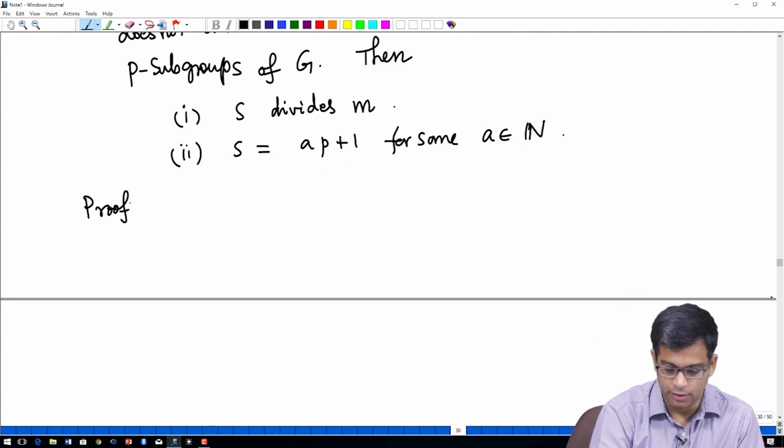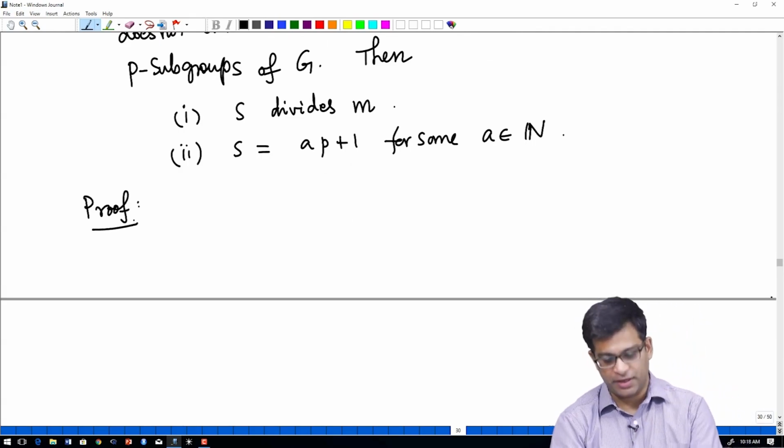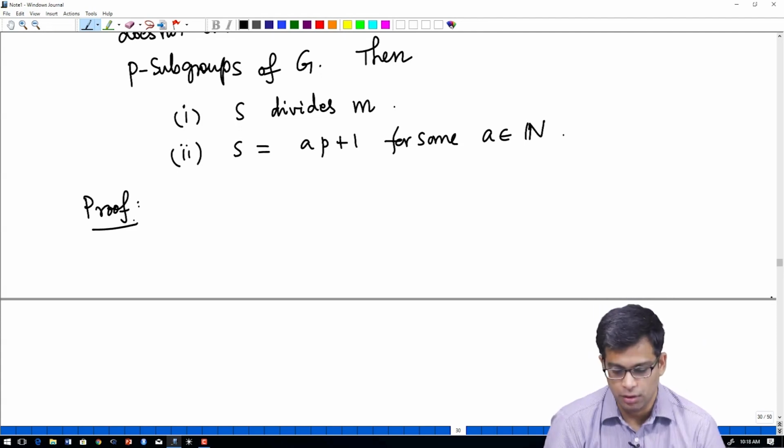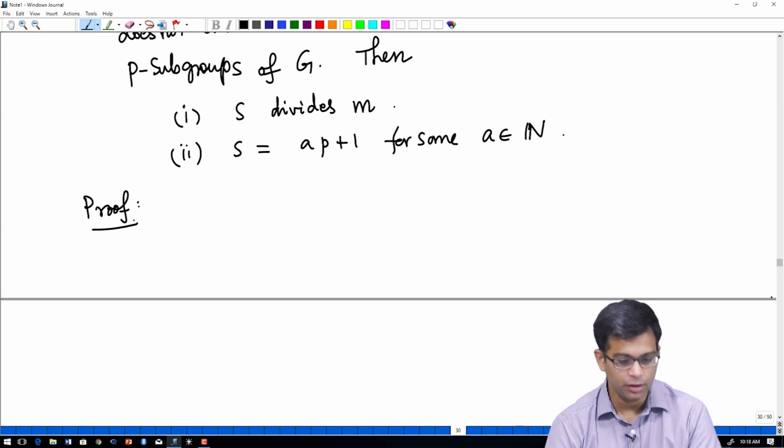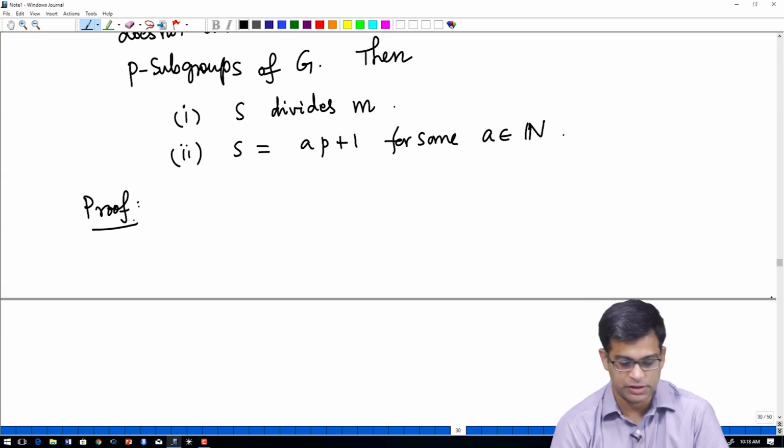The proof is again a clever use of group actions, as the first two Sylow theorems were. Here also we cleverly use a group action on a suitable subset.